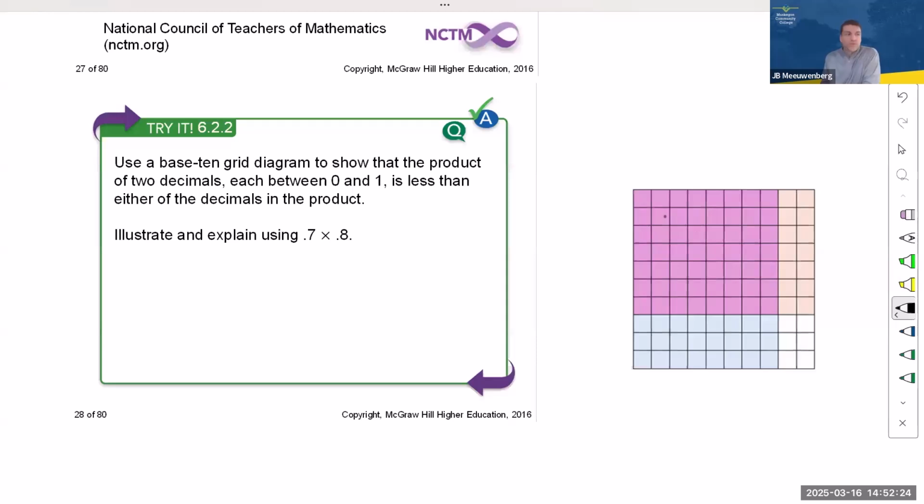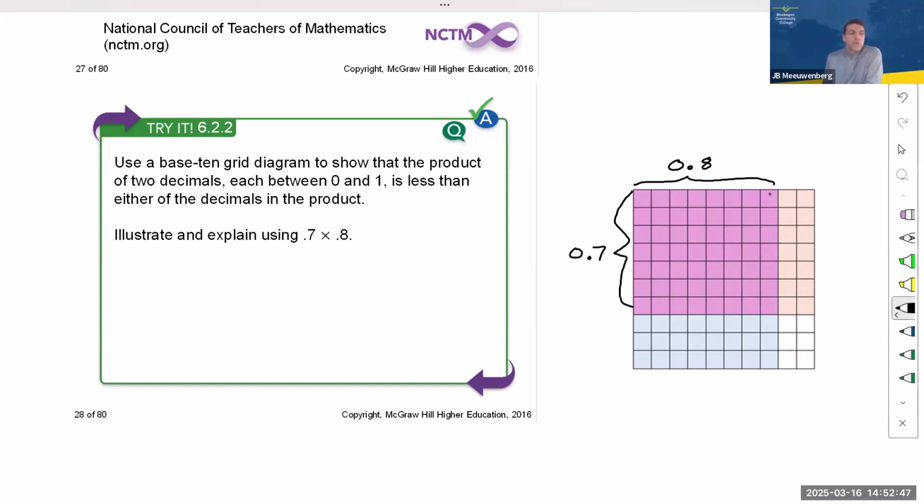So each one of these squares represents a hundredth. Across the top, this is 0.8, 8/10, if we look at all 8 of these columns. Across the side, we have 7/10, all 7 of these rows.